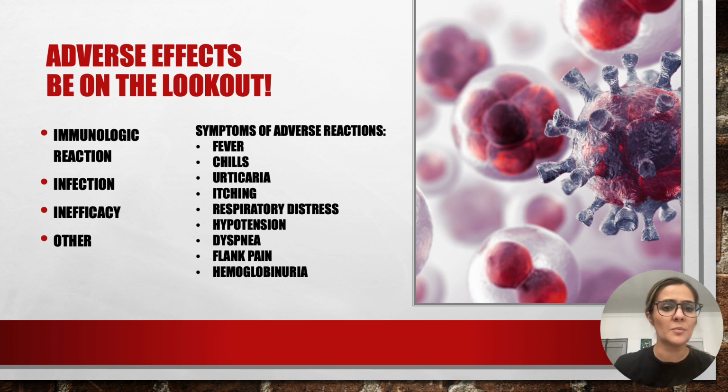That could be fevers, chills, urticaria, that's the itching, respiratory distress, hypotension, dyspnea, flank pain, hemoglobinuria, okay? So being on the lookout and asking your patient if they're having any of these symptoms is super important. Letting them know and educating them about these symptoms so that they can tell you, okay? Continuously reassess that patient, especially if this is the first unit they've ever received.